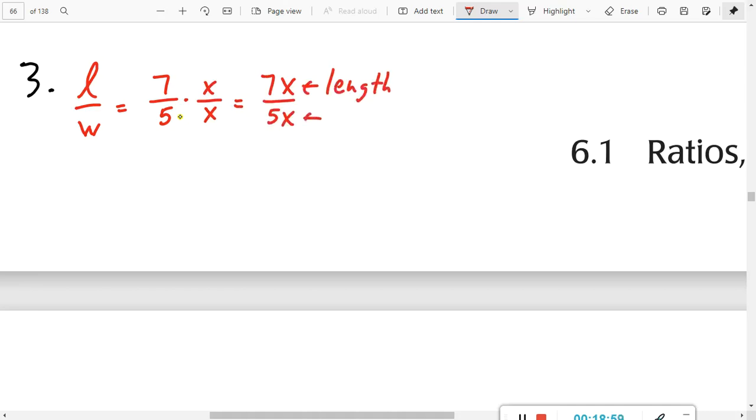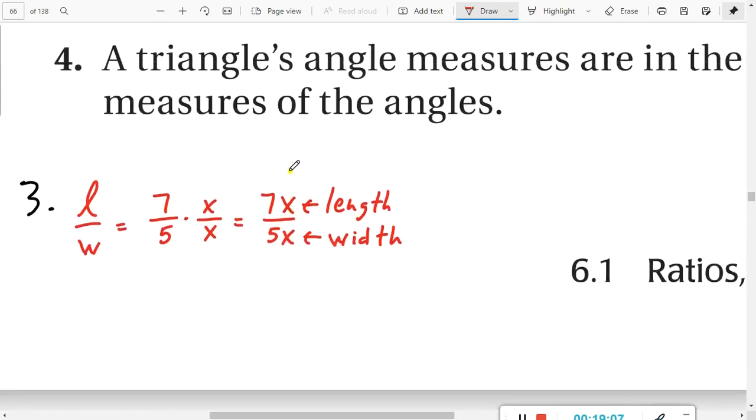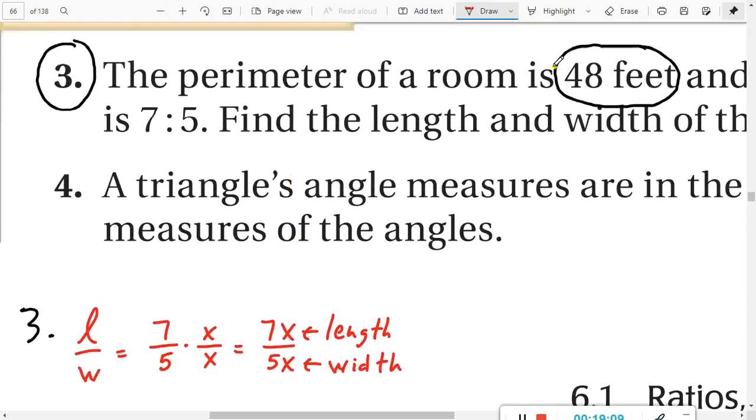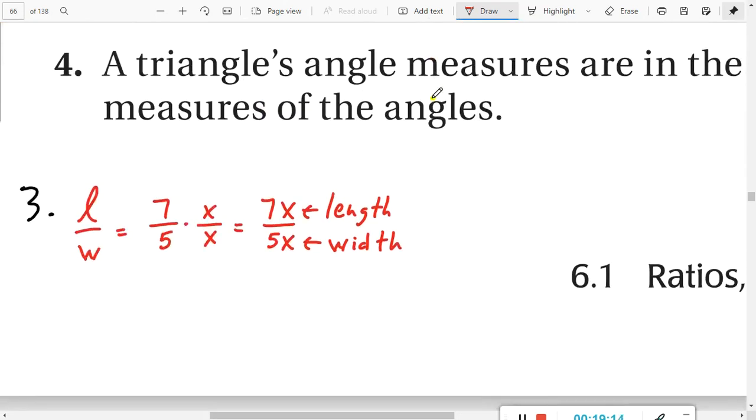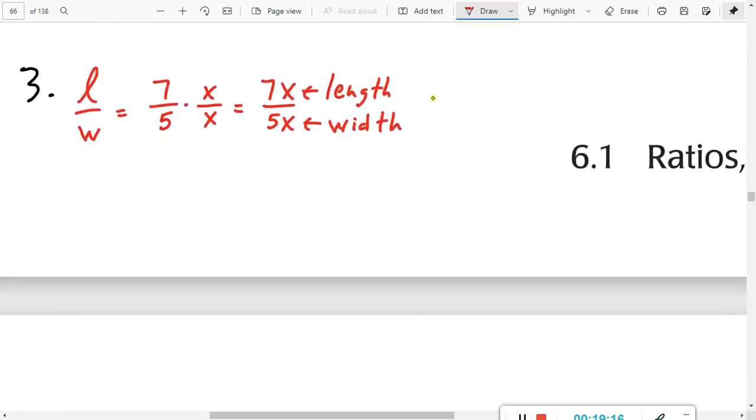So that's the length and that's the width. All right. And now it said the perimeter is 48 feet. It's a room, so I'm going to assume it's a rectangle. Okay, so the perimeter for a rectangle, just like we did before, that's 2 times the length plus 2 times the width.